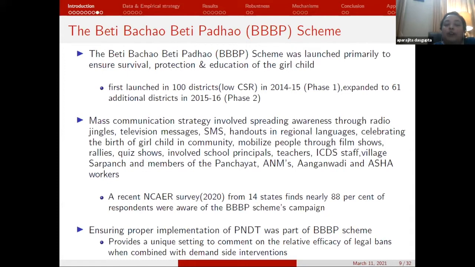Importantly, ensuring the proper implementation of the PNDT Act was also part of the B3P scheme. So this actually provides us a unique setting to comment on the relative efficacy of legal bans when combined with demand side interventions.